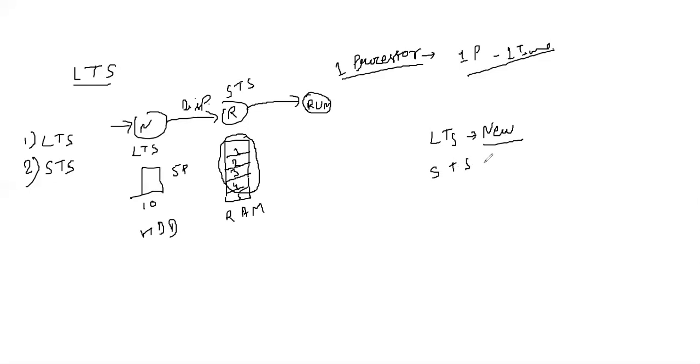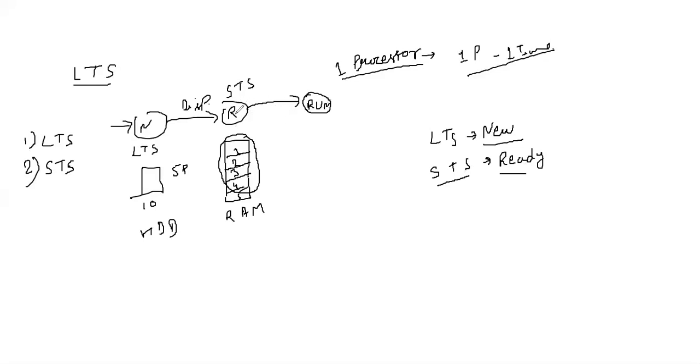The short-term scheduler works on the ready state and ready queue. It selects processes from the ready state, and it sends the process to the running state. So the short-term scheduler selects one process out of these five and sends it into the running state.